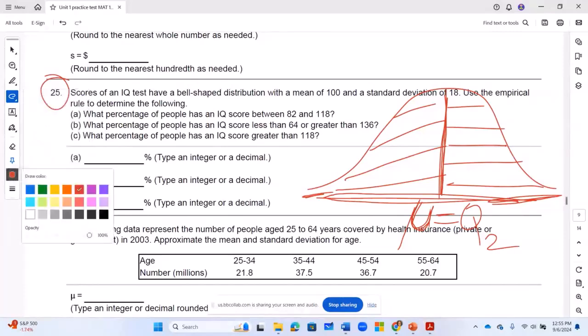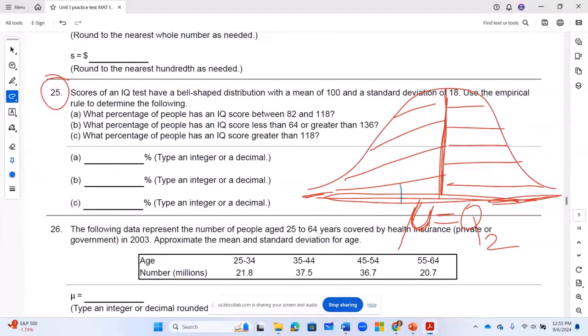So let me use another color. One standard deviation on the left. Let's use this question.